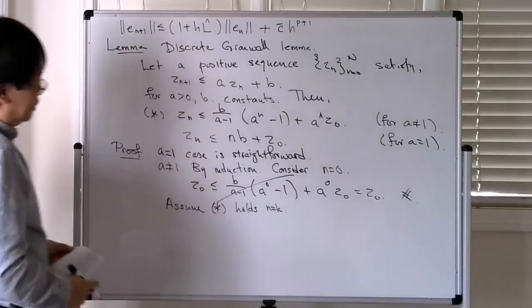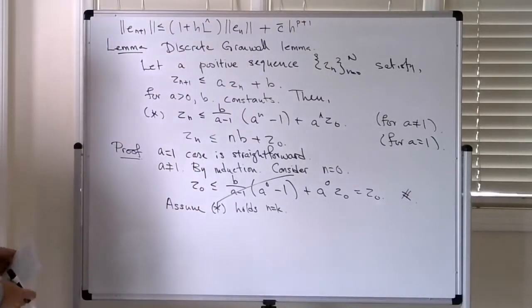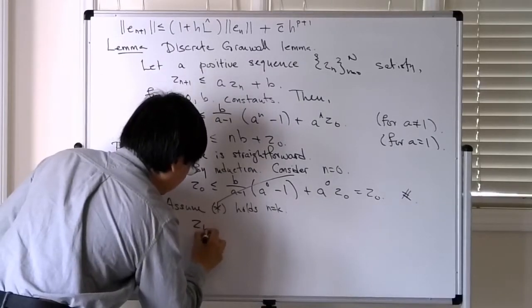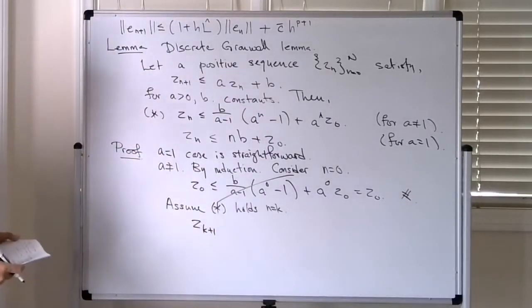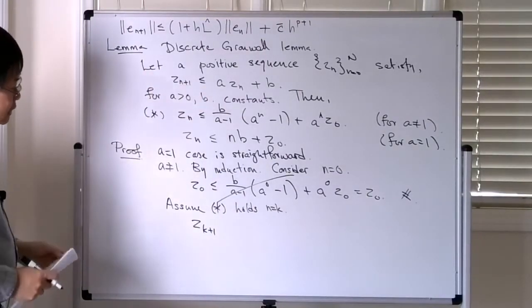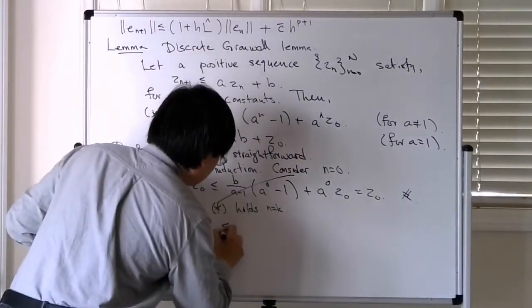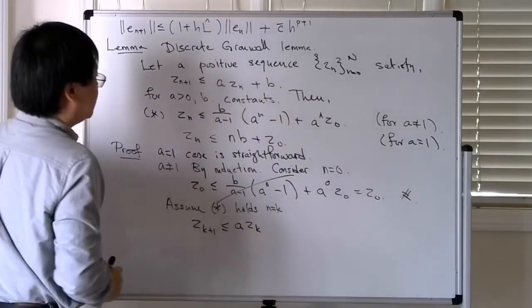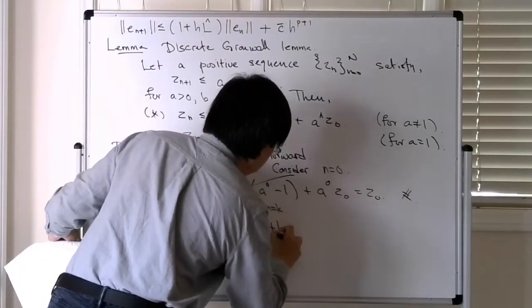And then you want to establish that it holds for n equals k plus 1. So let's just look at z_{k+1}. z_{k+1} of course still satisfies the single term recurrence: z_{k+1} is less than or equal to a times z_k plus b.